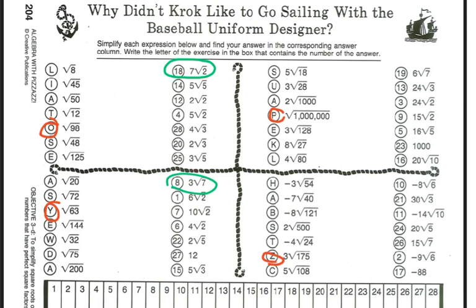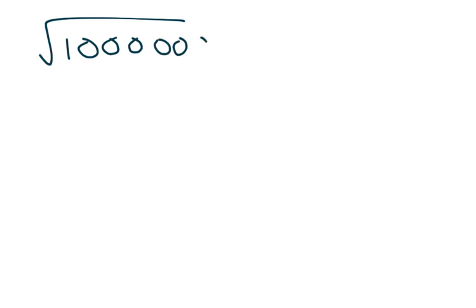Alright, we have 1 million. So let's do that one. The square root of 1 million. Okay, so I can break this down, and the weird thing about the powers of tens is that they work perfectly.